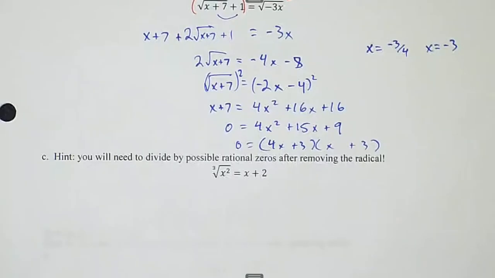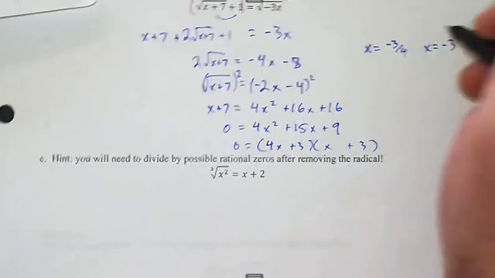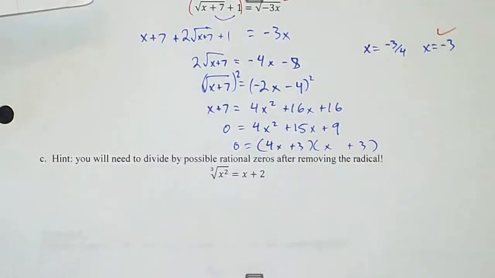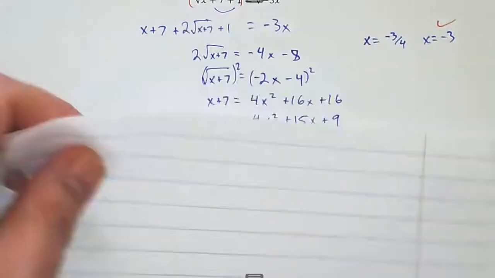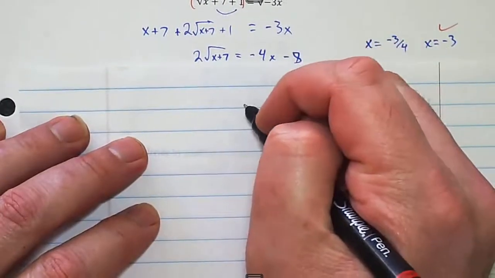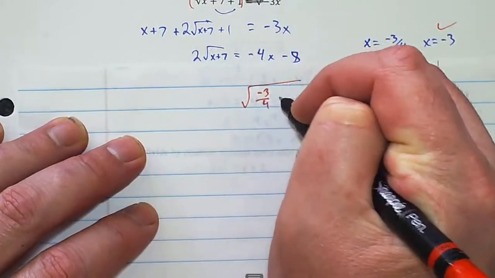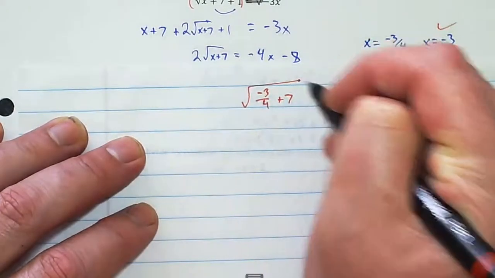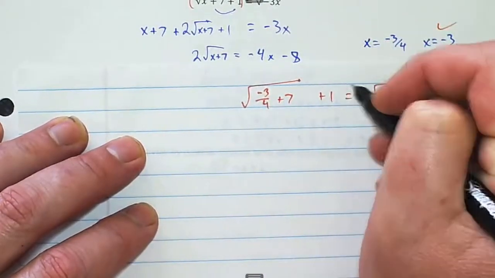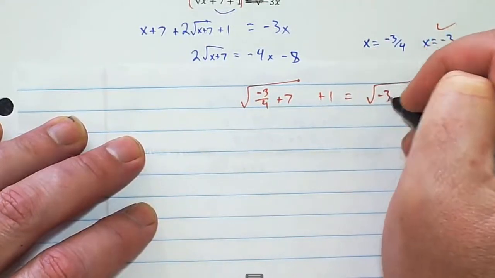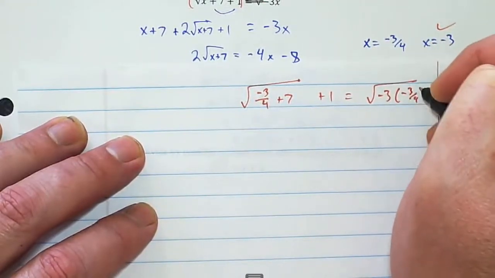The negative 3 is easy to confirm that that's true. The negative 3/4, well, we need to work on that one. So does everyone agree on that one? Yeah. But this other one, okay, we'll go ahead and do that. The square root of negative 3/4 plus 7 plus 1, does that equal negative 3 times negative 3/4 square rooted?